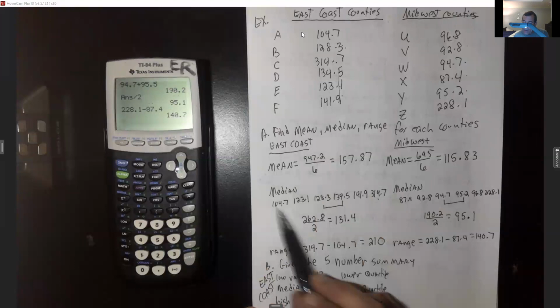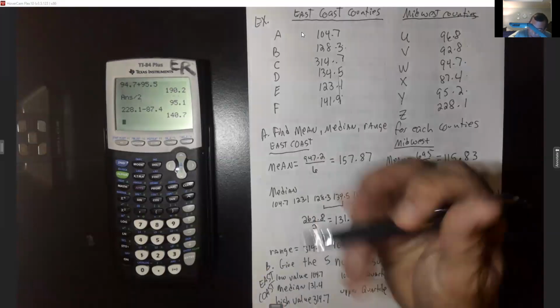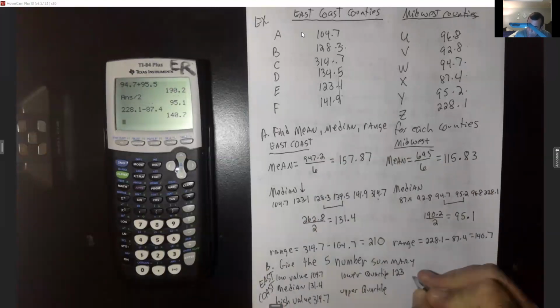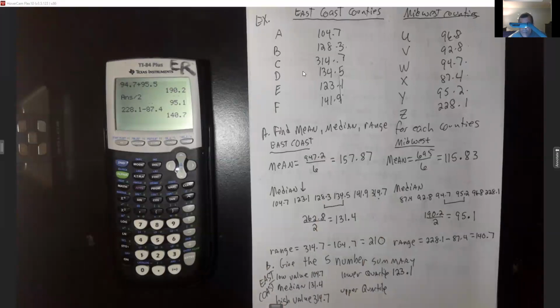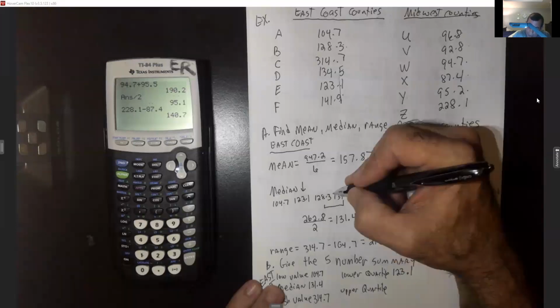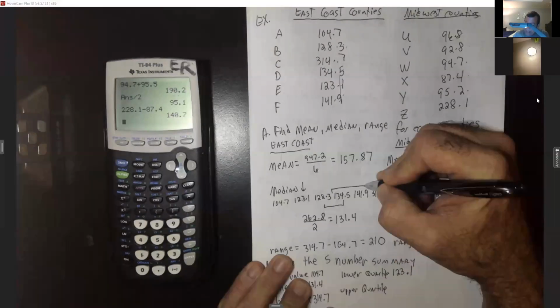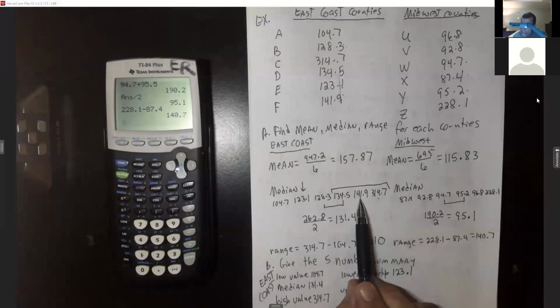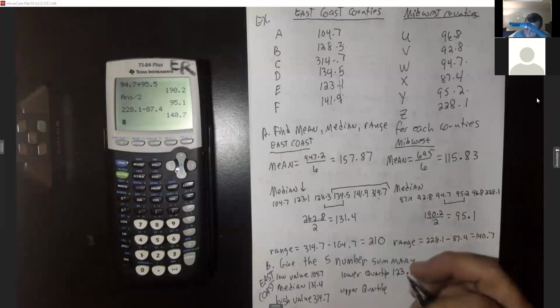So since I got 3 points, that median will be the middle point for the lower quartile, which will be 123.1. All right, let me let one in real quick. Now, to get the upper quartile, that's going to be the upper half of the data, and there's 3 points on the upper half of data, so its median is going to be the middle number, which is the 141.9.